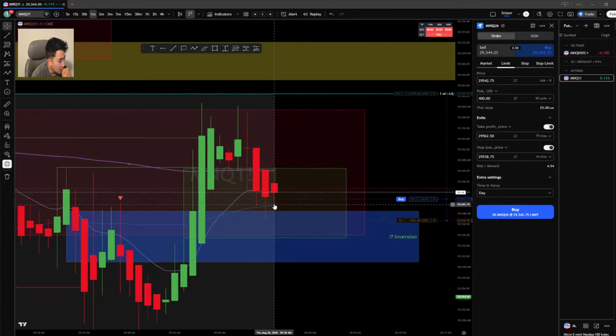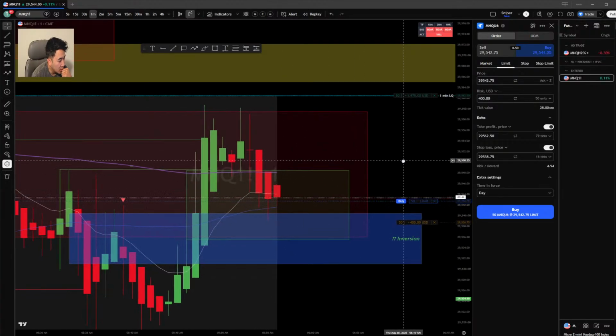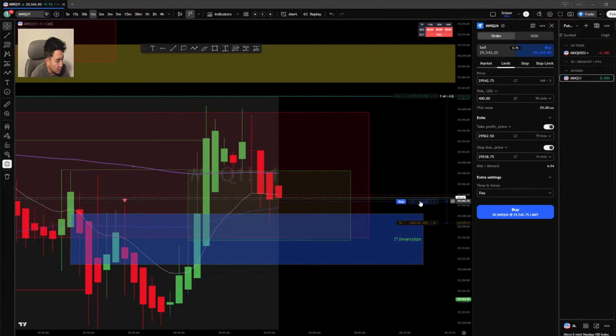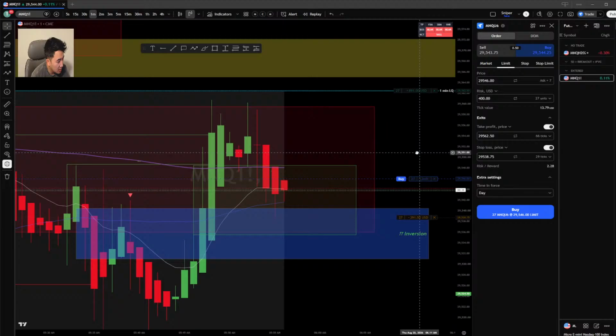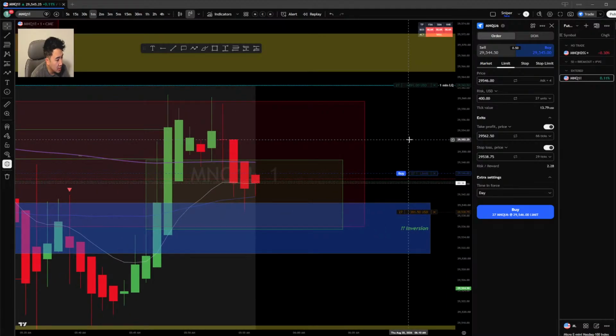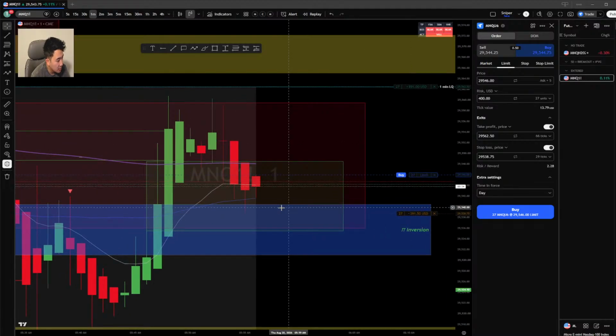I want a long upper wick, longer upper wick than a shorter wick, and then we'll look for a buy stop for entry. See how this bottom wick is longer? I need an upper wick that's even longer.